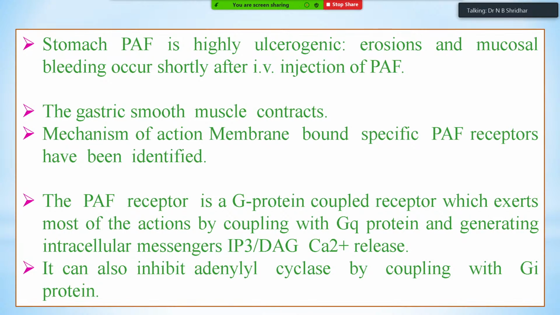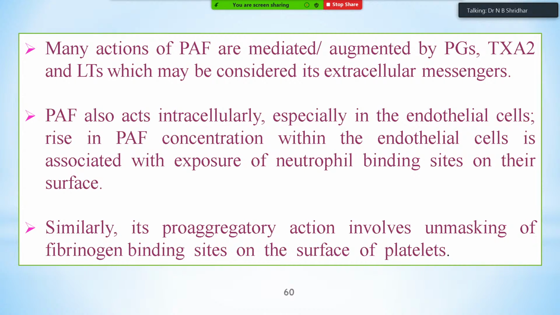So whenever intracellular IP3 is activated, PIP2 is broken down, diacylglycerol is activated, and intracellular calcium is increased and released. It can also inhibit adenylyl cyclase by coupling with Gi, inhibitory types of G proteins. Hence, inhibitory action is initiated by PAF in different tissues.